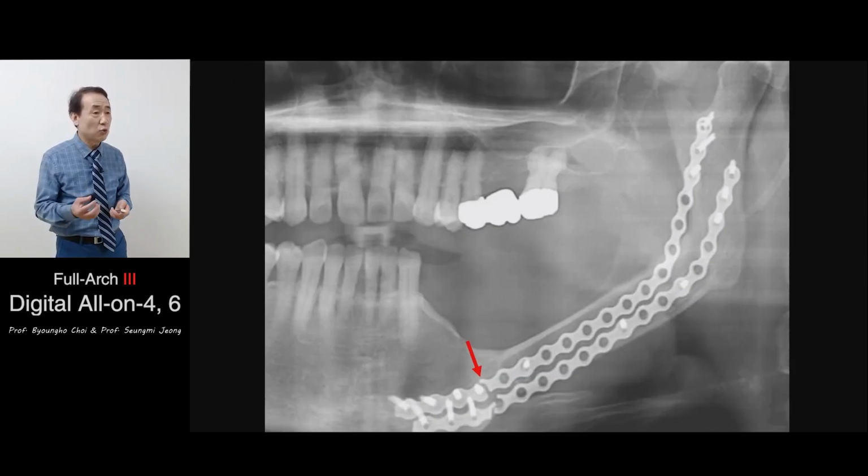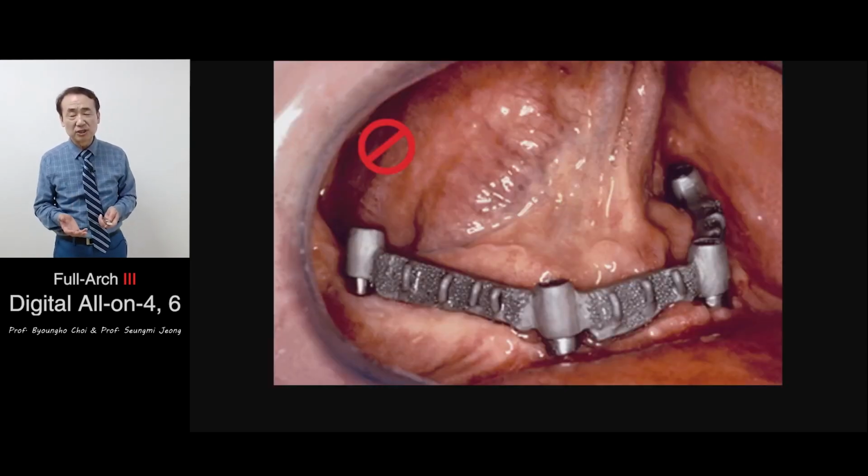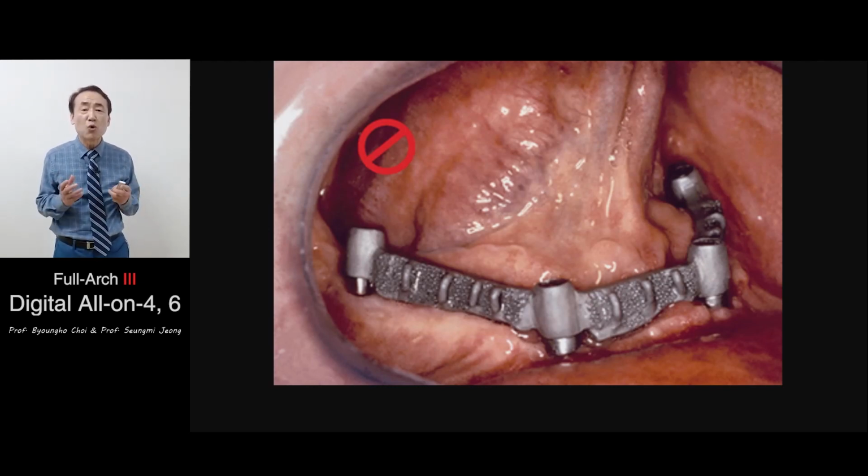The bone was okay, but the plates were fractured. In implant treatment, a metal framework joining bilateral molar implants in the mandible should not be the treatment of choice due to the mandibular dynamics.